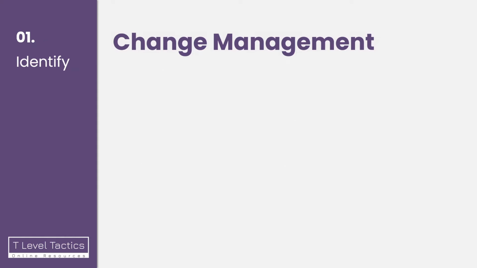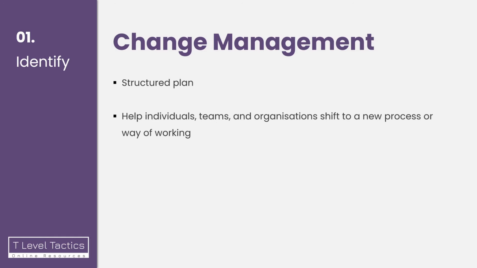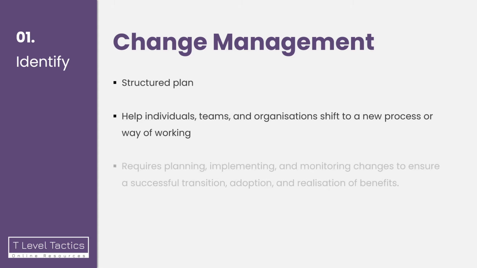So, change management is about having a structured plan to help individuals, teams, and organizations shift to a new process or way of working. And it requires planning, implementing, and monitoring changes to ensure a successful transition, adoption, and realization of the benefits.